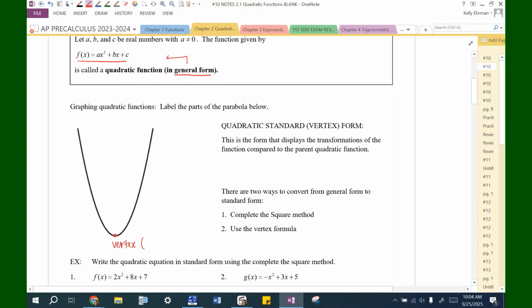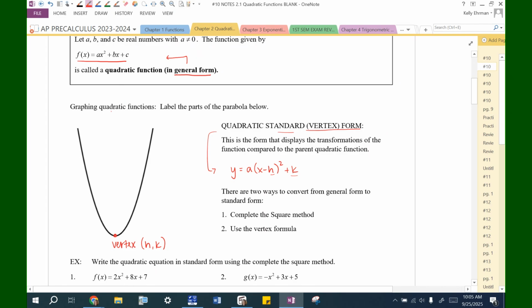We often call this vertex (h, k) because of how we write vertex form. Vertex form, or standard form, is written like this: y equals a times (x minus h) squared plus k. The reason this is called vertex form is you can clearly see what h and k are in the equation.